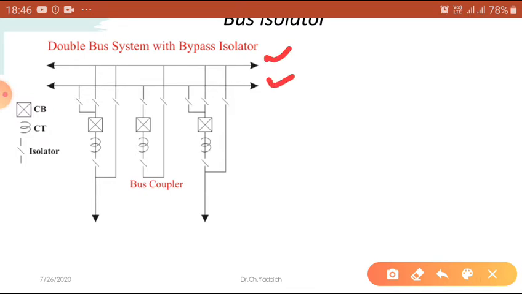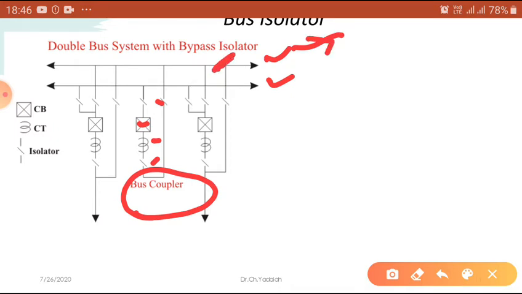Bus 1 and bus 2 are connected through CB, isolator and CT, and we are using the bus coupler. Both are open, but whenever we require, we can use only one bus always. If any problem occurs in this one, then the load is transferred to the second bus, so it is known as a transfer bus.